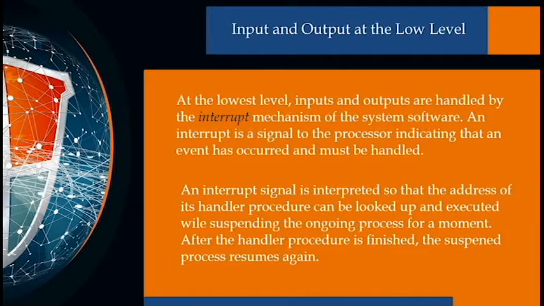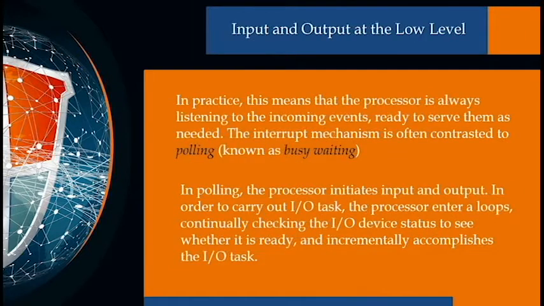So the processor interprets the address of the handler so it can be executed, then passes it to the handler. In practice, this means that the processor is always listening to incoming events, ready to serve them as needed. The interrupt mechanism is often contrasted to polling, known as busy waiting.